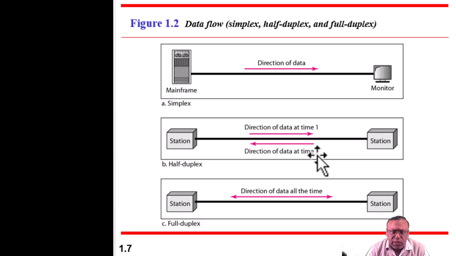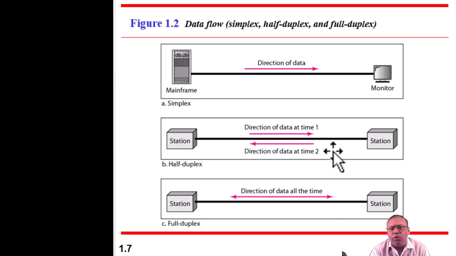So this is the thing. The benefit of this is that you do not need to lay down two wires for the transmission. You can use the same wire for transferring the data from source to destination and then back from destination to source. So it saves the cost, but the limitation is that you can transfer only in one direction at a time.